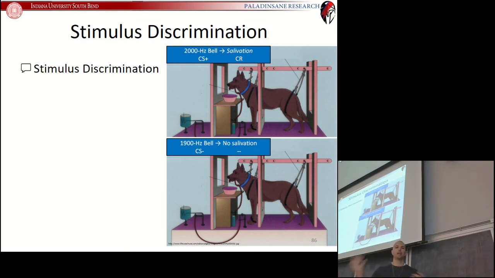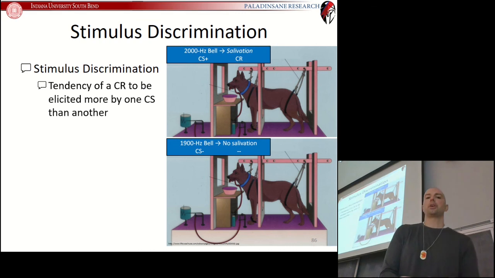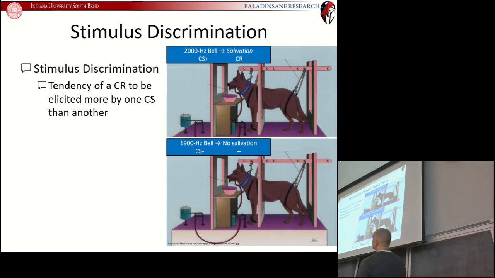Well, if they can, then we'll see the tendency for the conditioned response to be elicited more by one conditioned stimulus, the excitatory stimulus, rather than the other, in this case, that inhibitory conditioned stimulus.